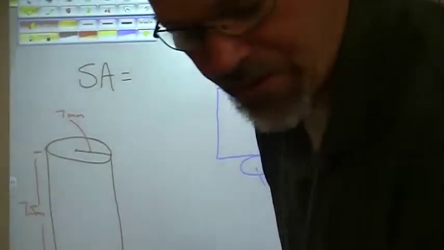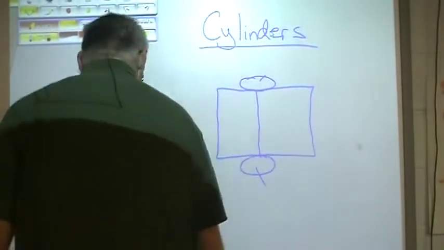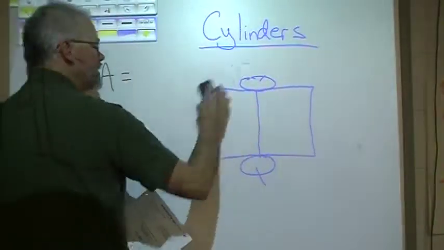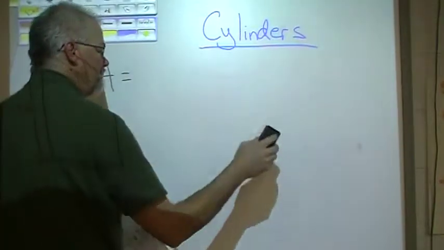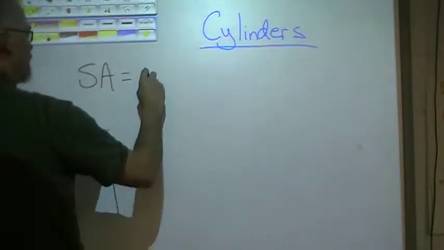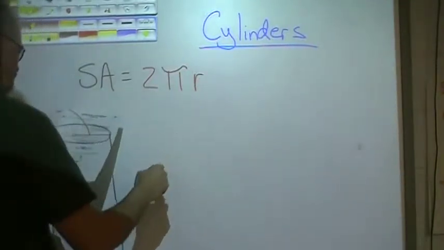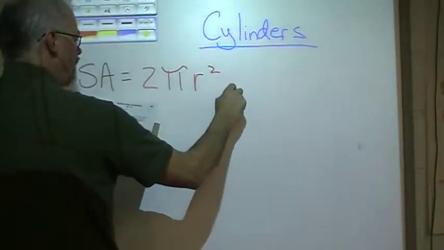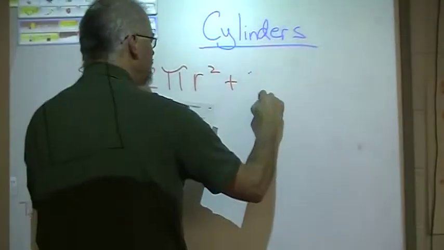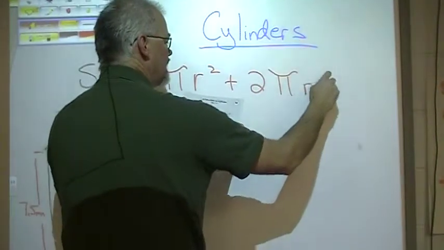Well, there's a formula for it, as is usual for everything. So let me get rid of this drawing of this busted open cylinder and let me write down my formula. The formula is 2 times pi times the radius squared plus 2 times pi times the radius times the height.